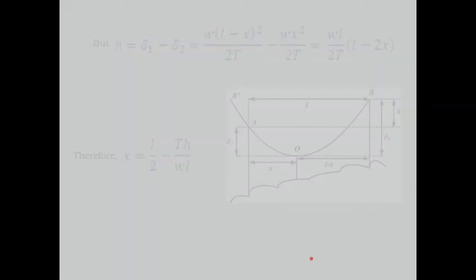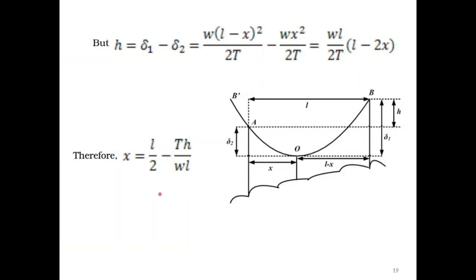We go to the next consideration. For example, if we find that L over 2 is less than TH over WL, what is going to happen? If L over 2 is less than TH over WL, then what is going to happen?